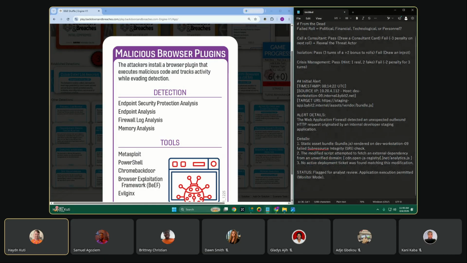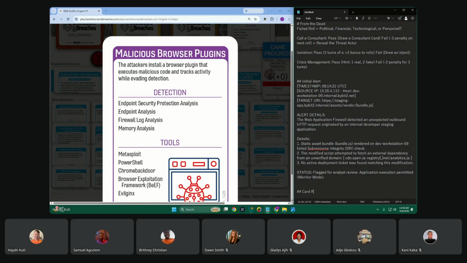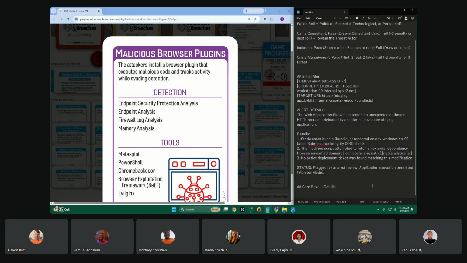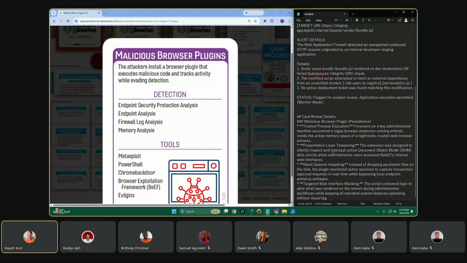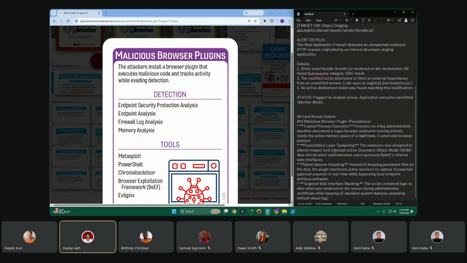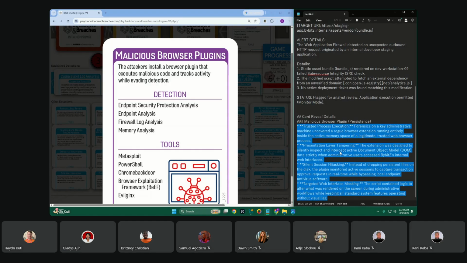And with that, we have some details. Malicious browser plugins, yay, happy for you guys. That's perfect, because now at least you know what type of attack it is. It's not credential theft or anything like that.